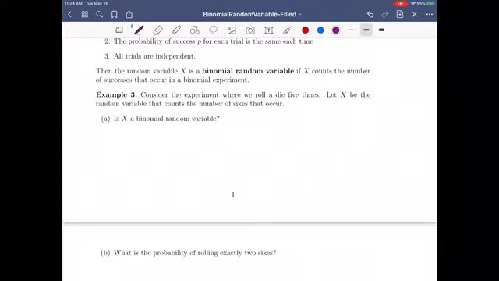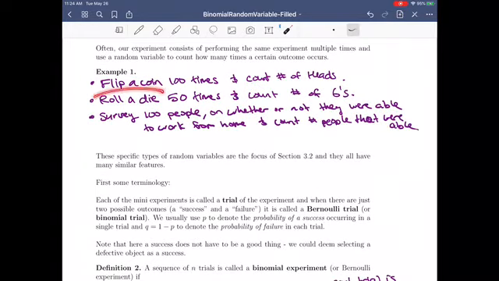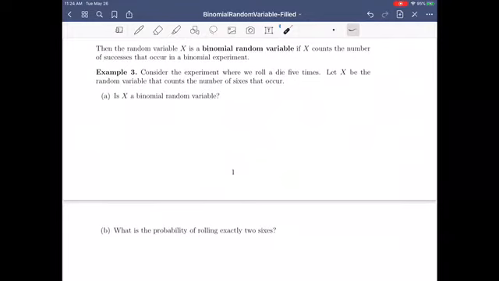Consider the experiment where we roll a die 5 times. x is going to be the random variable that counts the number of sixes that occur. So I'm first asking, is this a binomial random variable? You probably think yes, because I gave basically this as an example of a binomial random variable. But let's check the conditions.